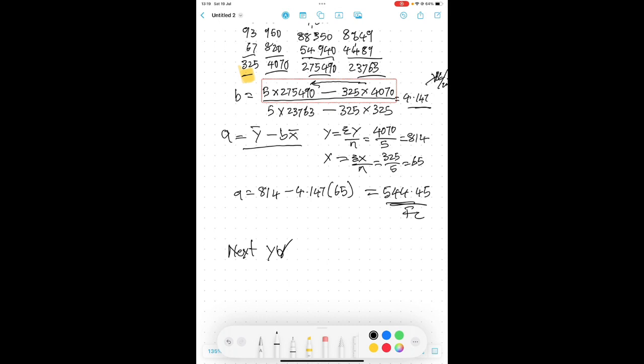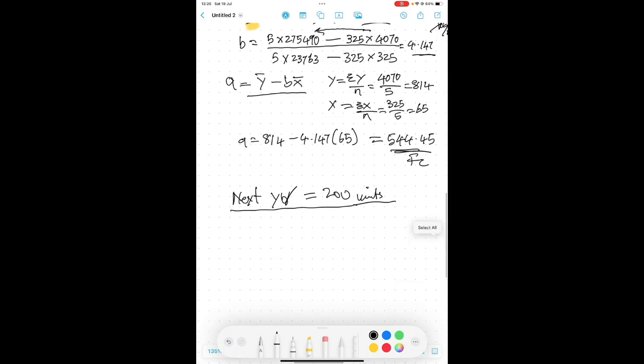Let's just use any random figure, like the number of units produced will become about 200 units. What will be your total cost next year if 200 units were produced? Like we said, irrespective of the change in number of units, our fixed cost and our variable cost per unit will not change.